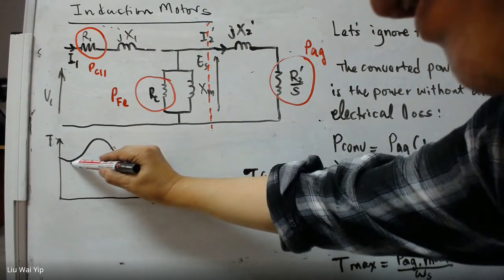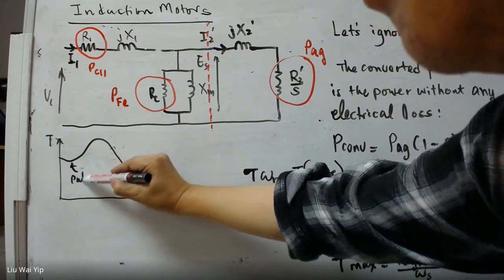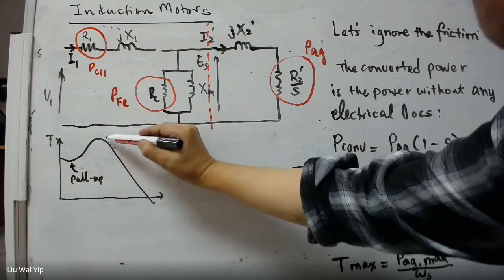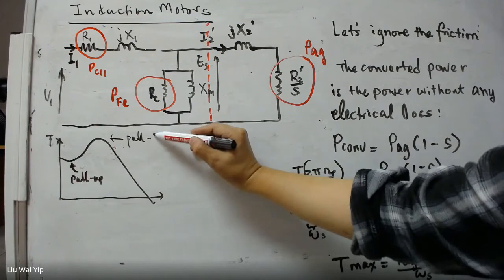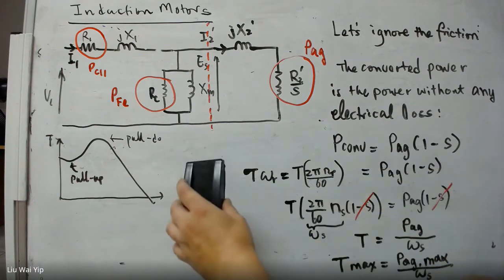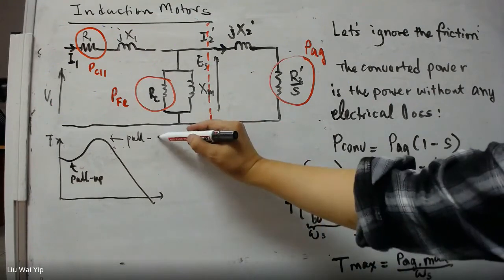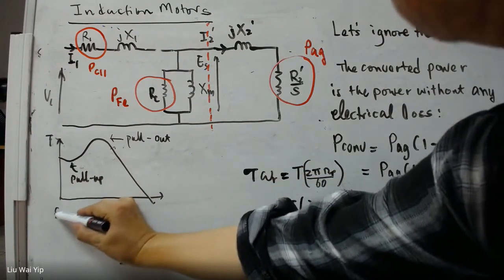And this one is the so-called pull-up torque. And this one is the so-called pull-out torque. And here the slip is 0.